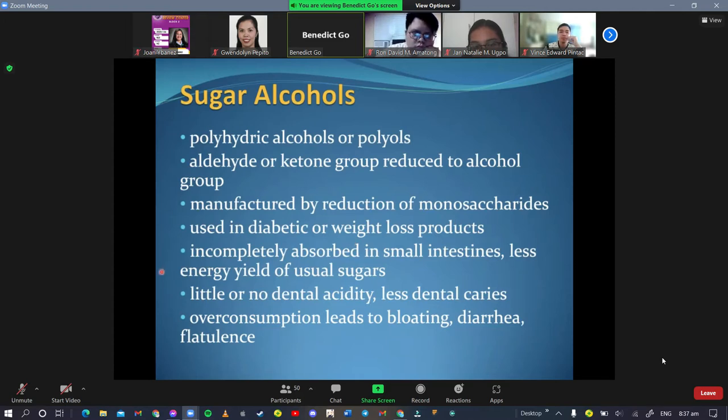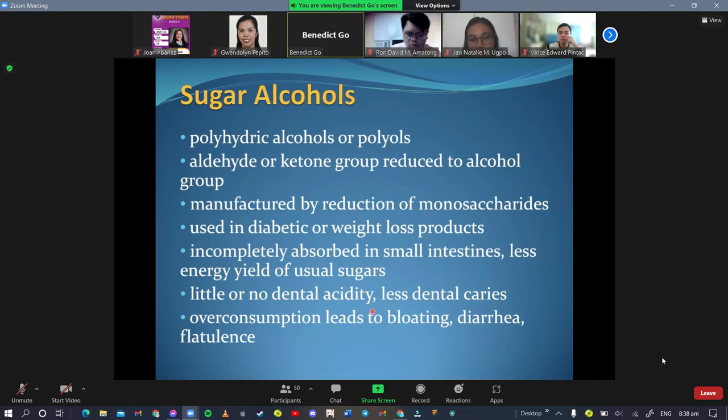They're incompletely absorbed in the small intestines, and they yield less energy compared to sugars. They have little or no dental acidity, therefore there's less dental caries, but overconsumption leads to bloating, diarrhea, and flatulence. Okay, so in sugar alcohols, as opposed to sugar acids, the sugar this time is reduced.